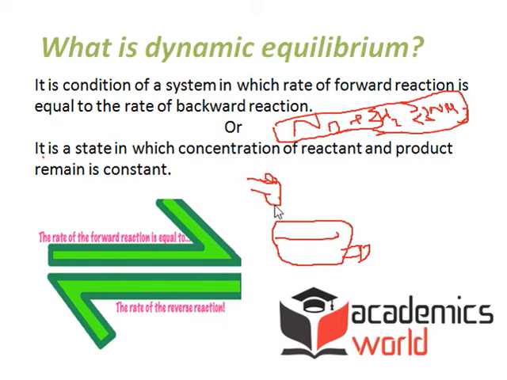Suppose water is falling from this tap into this jar at a speed of 1 liter per minute, and this tap also leaves water at a speed of 1 liter per minute.